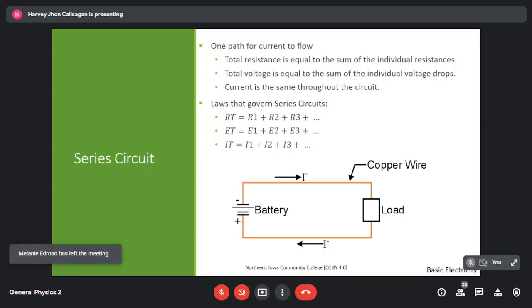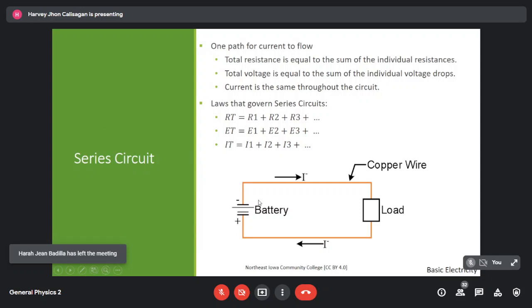So that's why we have to add all of the voltage that is actually dropping per bulb, and the current is the same throughout the circuit. So the current is continuous, regardless of starting from the negative and returning to the positive, and so on and so forth.